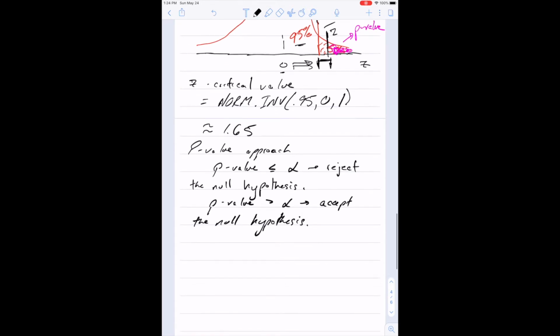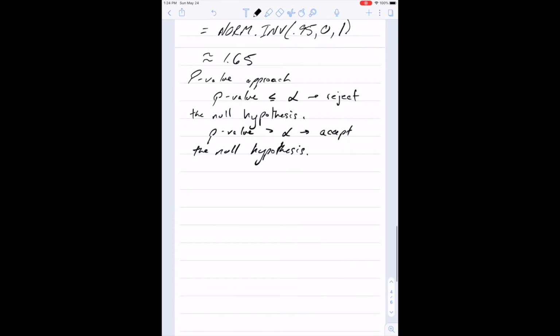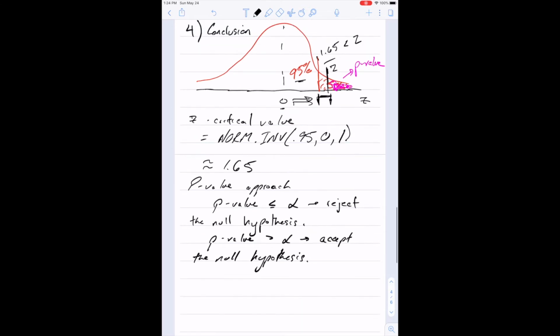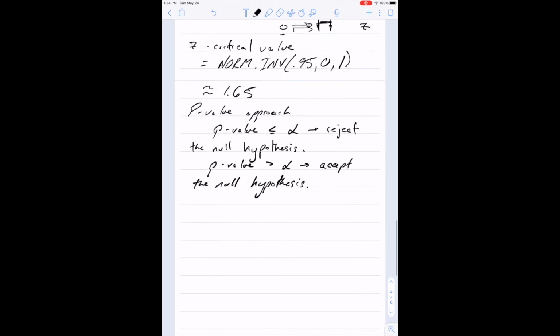You should always get the same answer. I think the p-value approach is the one that's better and is more common because what the p-value tells you, this number, which we're going to look at in a second for this problem, actually tells you the probability that you're wrong by rejecting the null hypothesis.